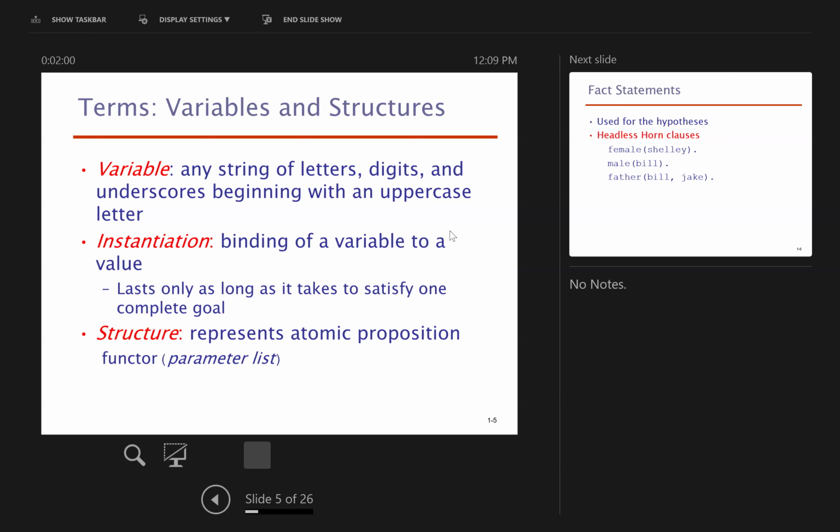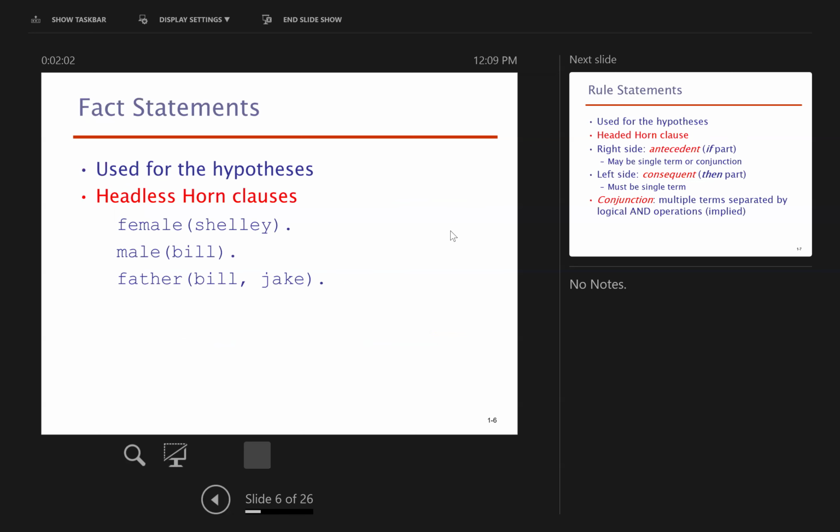Okay, so if no question now, I think we got this idea already. So this will be our fact statement. The first fact statements we have here: Shelley is a female, and also Bill is a male, and Bill's father is Jake.